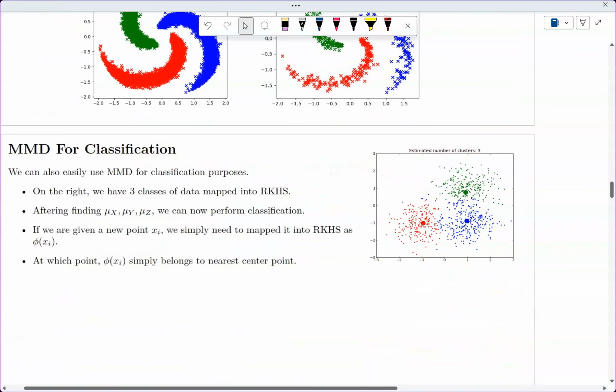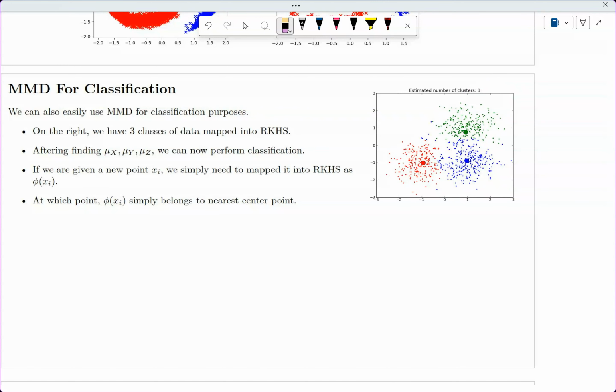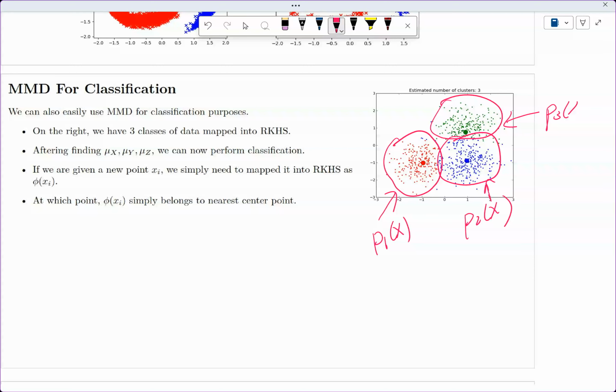Another application is classification. So let's say you have three clusters. These are the different data sets. What happens if you simply take each cluster, and let's say you know the label, and find p1 of x for this one, p2 of x for this one, p3 of x. Now if you get another point, let's say another point here, you simply plug this point into each one of them.